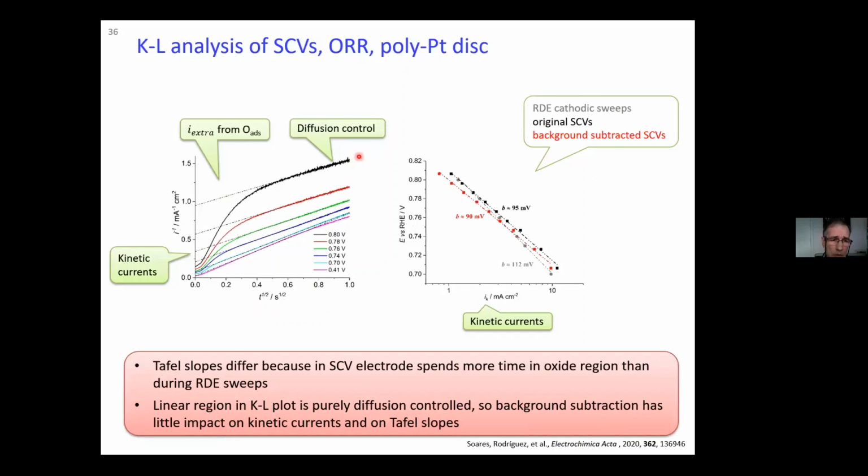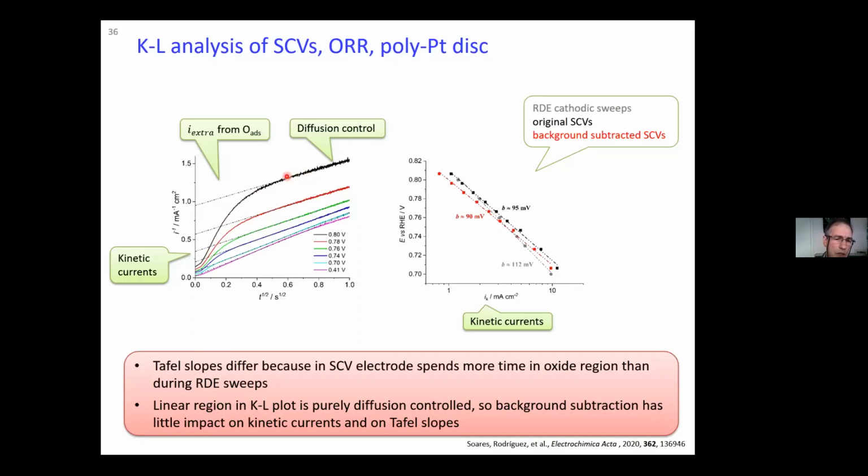At long times, we see that the data falls onto a straight line, which corresponds to diffusion control. And then there's deviation from that straight line, which corresponds to the extra current due to the reduction of the oxygen species.